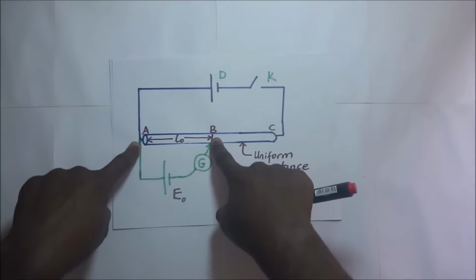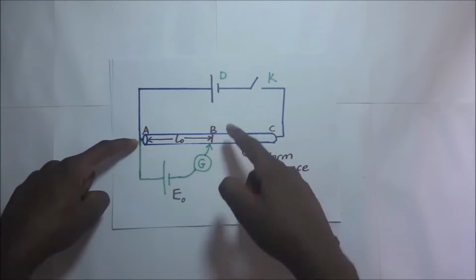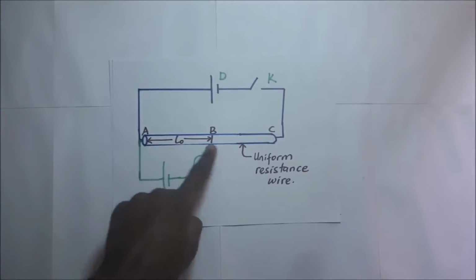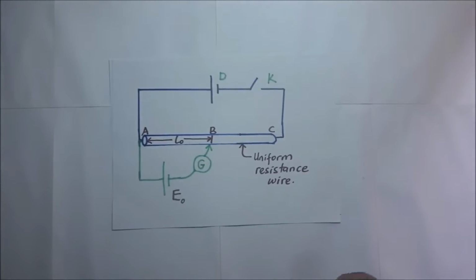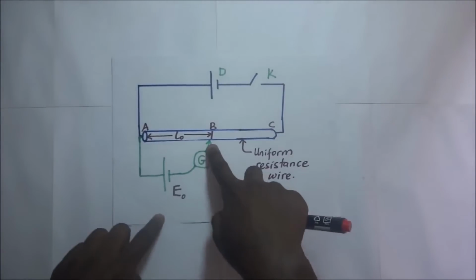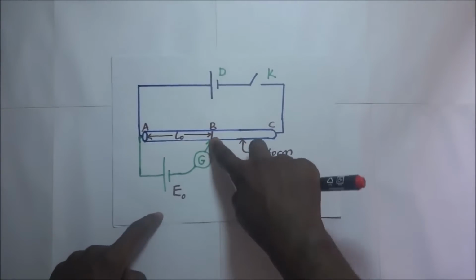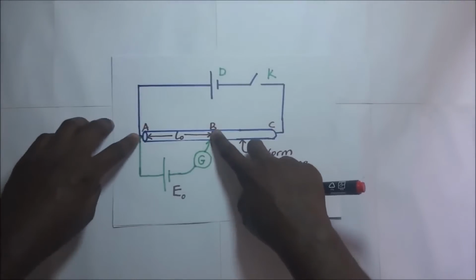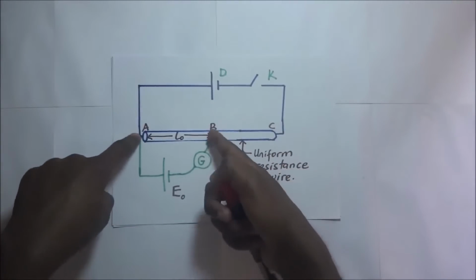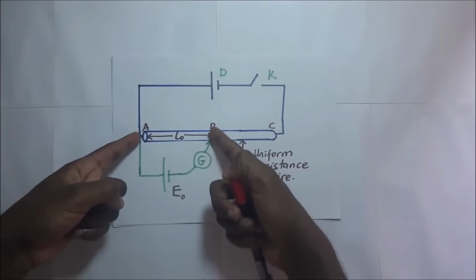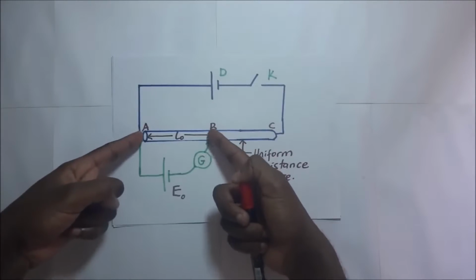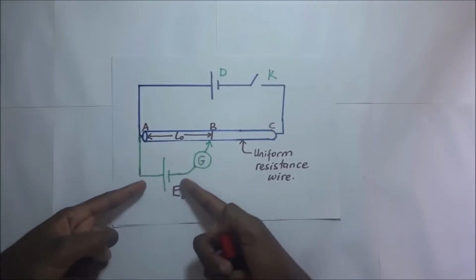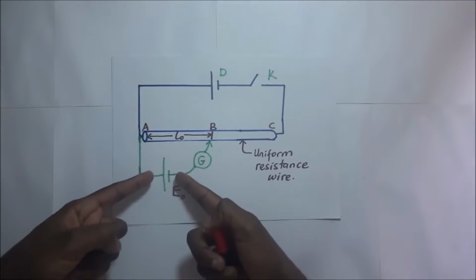After measuring our balance length, we'll go ahead and find the PD per unit length. Now, when the balance point is achieved, the potential difference across the portion of the wire, that is the portion between point A and that balance point, is equal to the potential difference across the EMF.